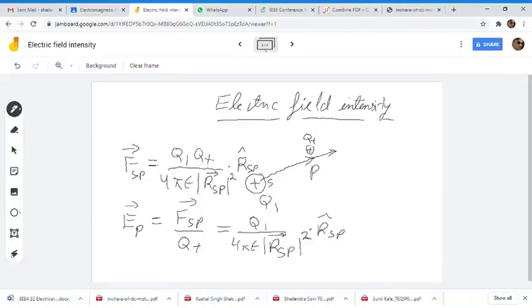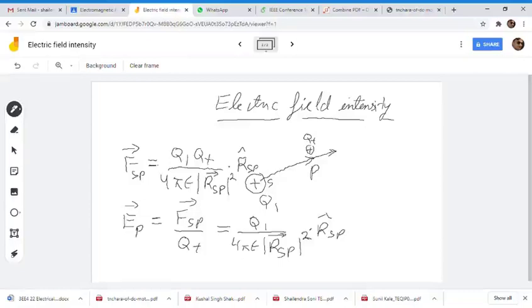Now you can see the electric field at point P depends only upon the source charge, and it is inversely proportional to the square of the distance from the source to the point at which we are trying to find the electric field. Electric fields are lines of force.